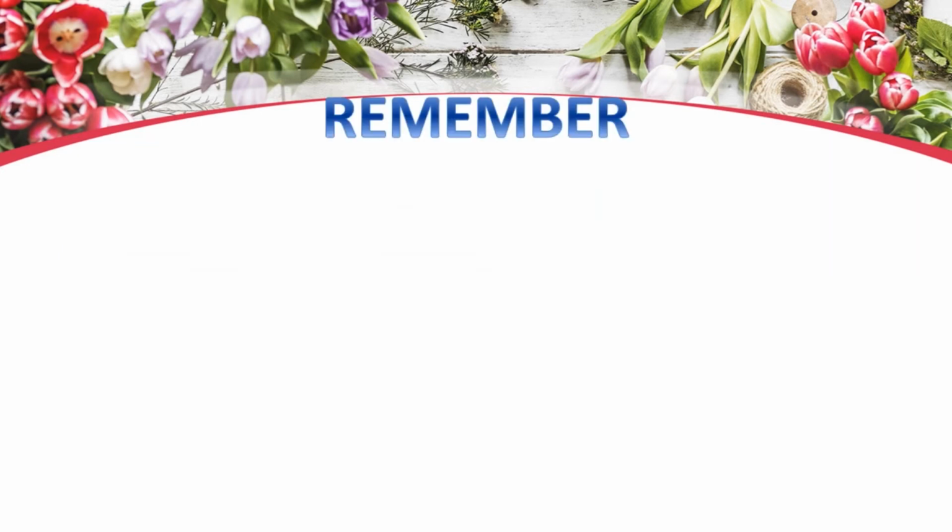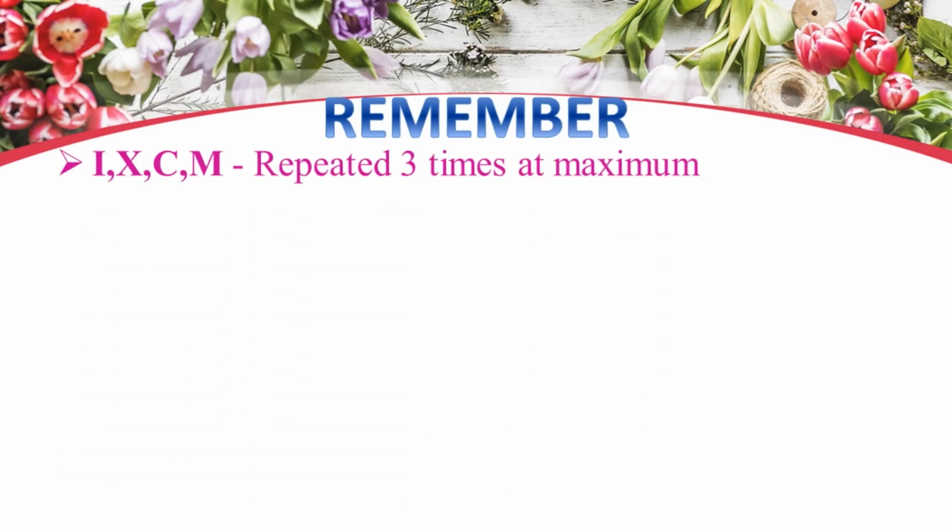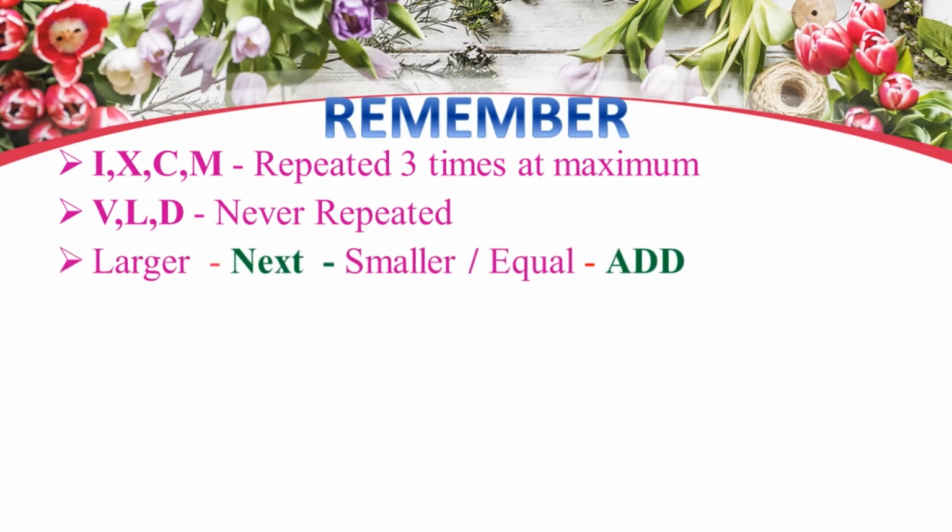Let us recall the rules for writing Roman numerals. The symbols I, X, C, M are repeated 3 times at maximum. The symbols V, L, D are never repeated. Larger number next smaller number or equal number means we want to add their values.